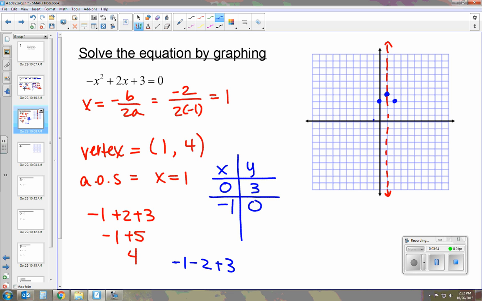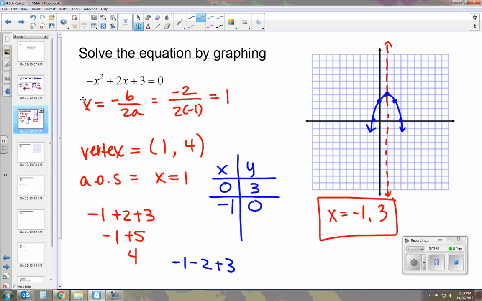And then (negative 1, 0), and then reflect that. And now we can see where the x-intercepts are, and they are at negative 1 and 3. And those are our answers, and that graph has 2 solutions.